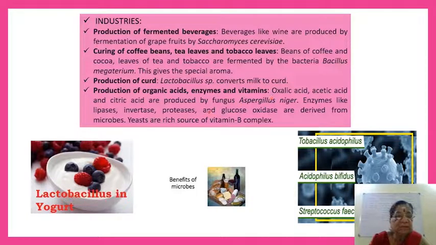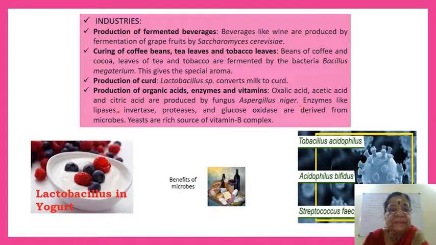Then enzymes like lipase, invertase, proteases and glucose oxidase are derived from microbe. என்னது? First, microbes are helpful in production of organic acids, enzymes and vitamins. அதில் oxalic acid, acetic acid and citric acid are produced by the fungus Aspergillus niger.